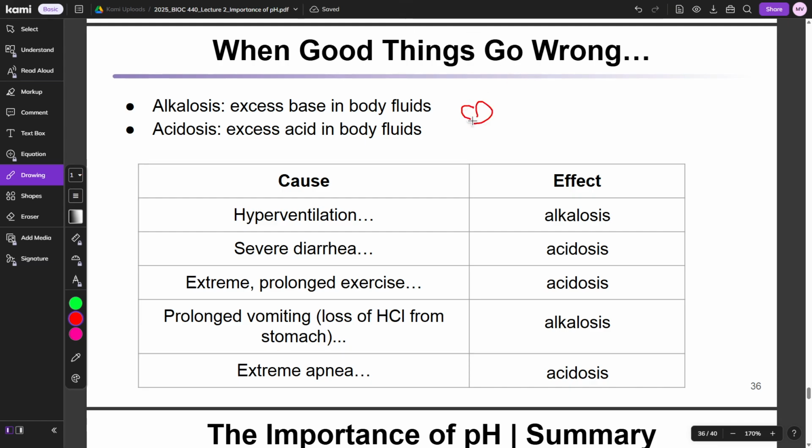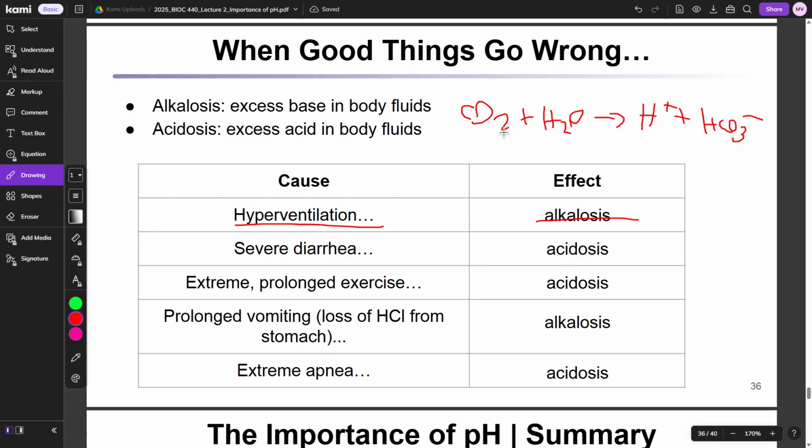So if I go back here, I'm too lazy to draw the double arrows. Someone tell me why hyperventilation causes alkalosis. This first one. Why is that the case? Why CO2?